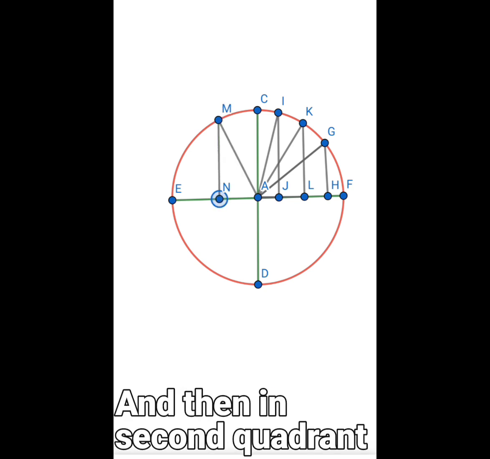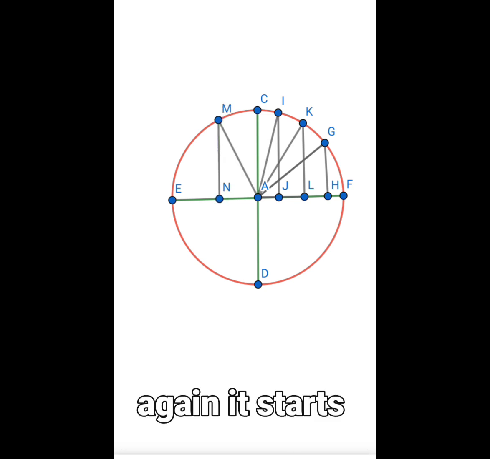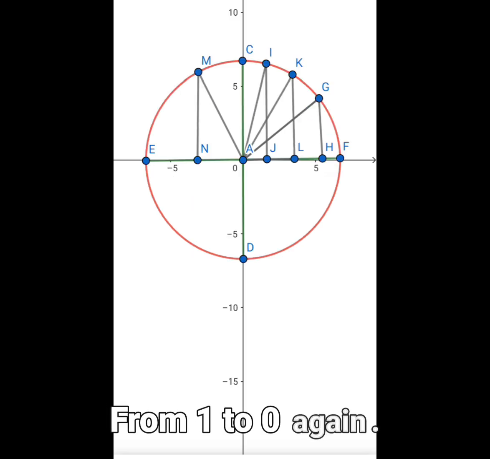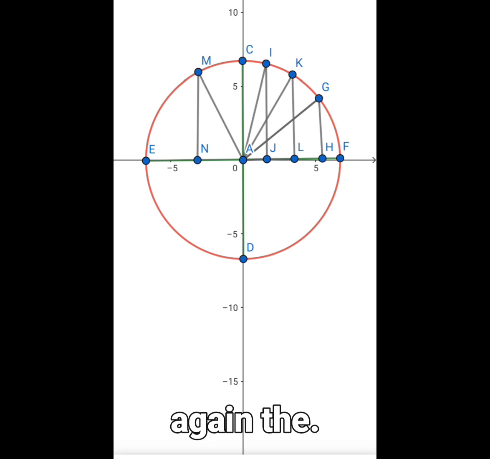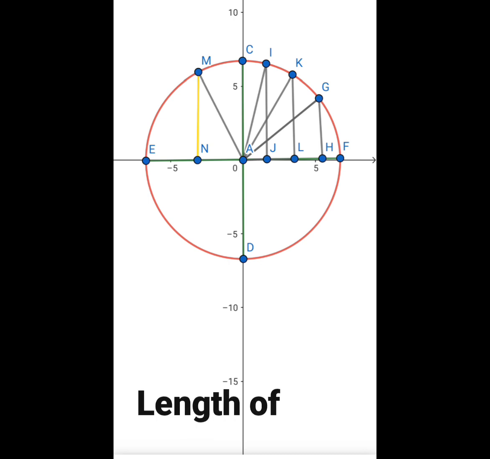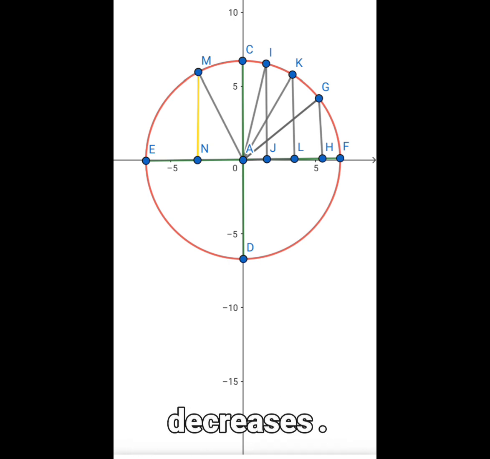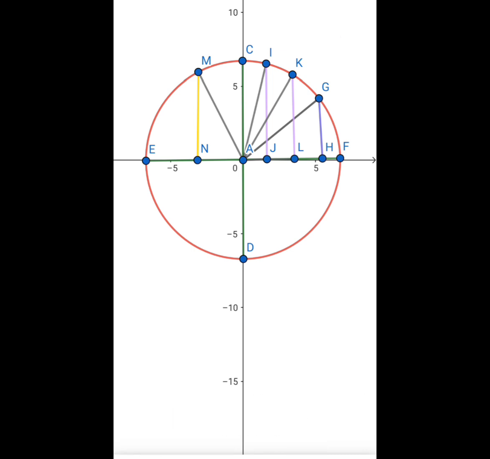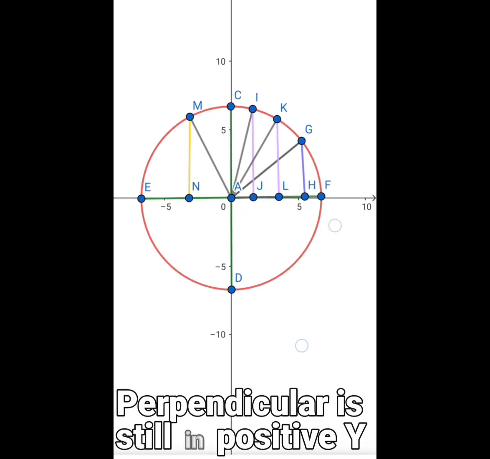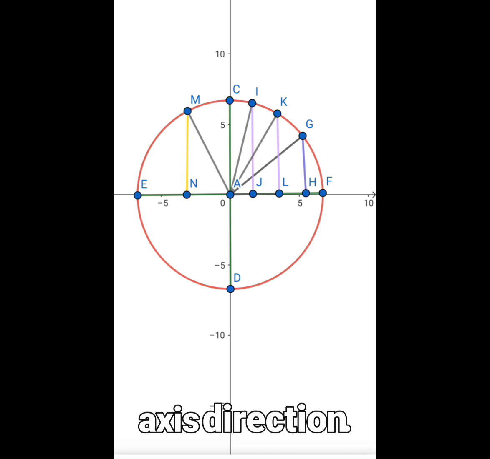And then in the second quadrant, again it starts falling from 1 to 0, because as we move from C to E, again the length of perpendicular decreases. But it will not take negative values because the perpendicular is still in the positive y-axis direction.